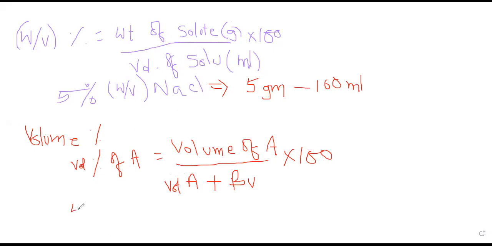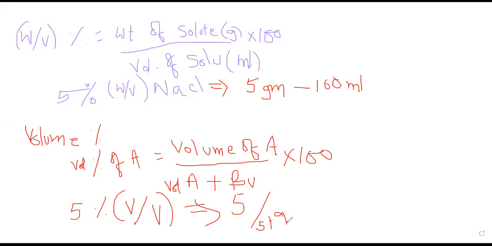It is given like this: 5% V by V. It implies that 5 ml of methanol is dissolved in 95 ml of water, so 5 divided by 5 plus 95, which is equal to 5%.